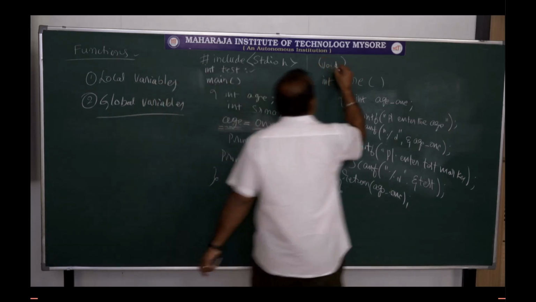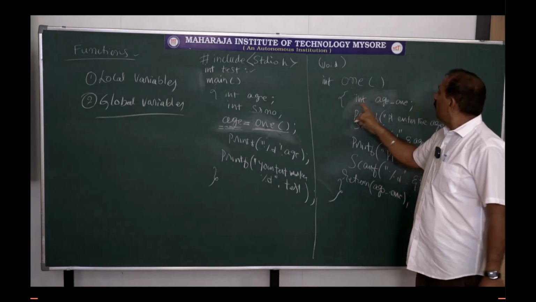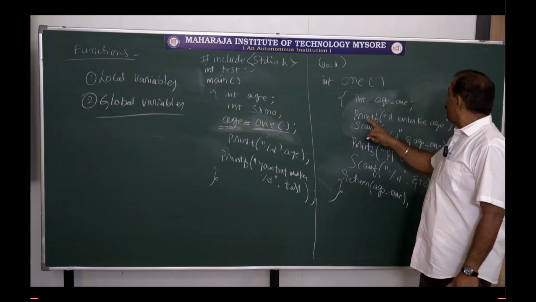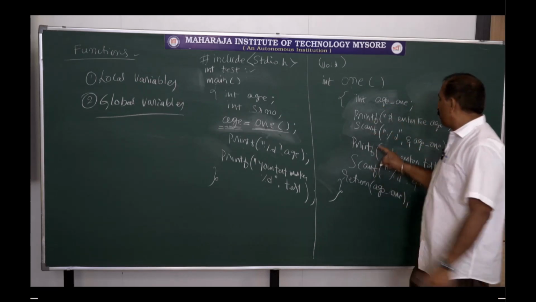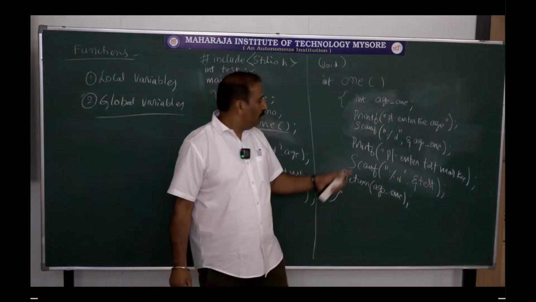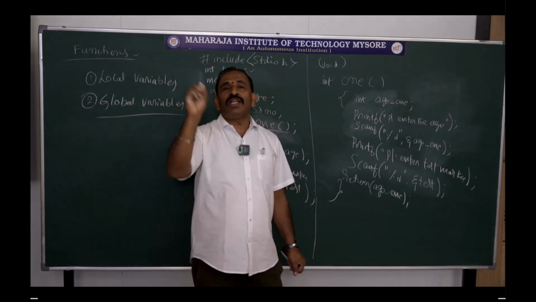Okay. Now when you come here, int age, I have declared one local variable called age1. Printf, enter the age. Scan the age. Printf, please enter the test marks. Somebody types his test marks as 20 out of 25.